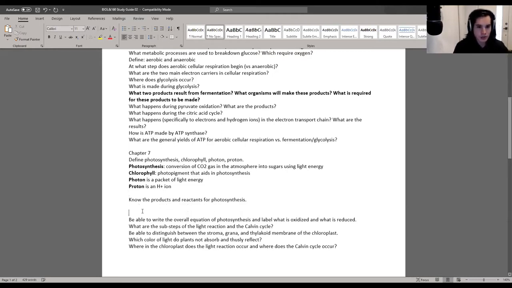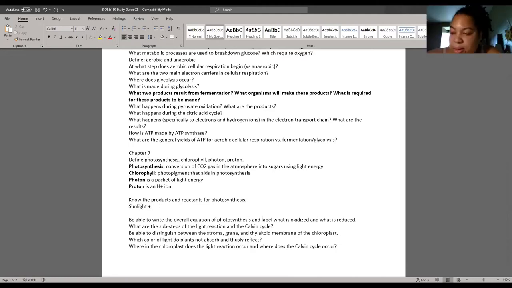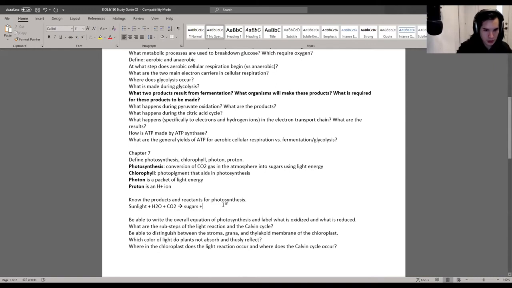Now the products and reactants for photosynthesis. Here I could just write the equation. Photosynthesis is going to be sunlight plus water and carbon dioxide, H2O plus CO2, and that's going to make sugars plus, you know what else we make?